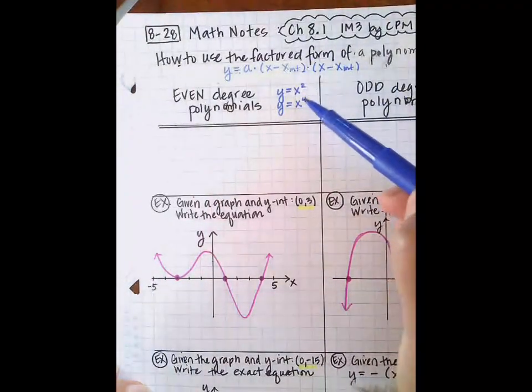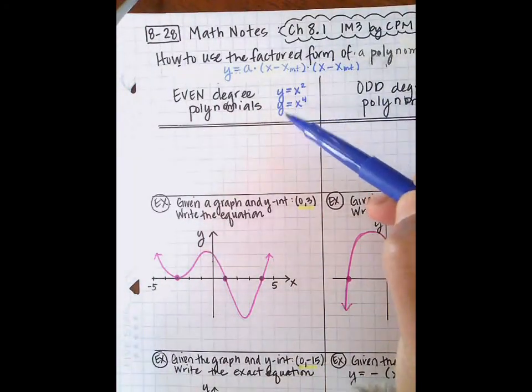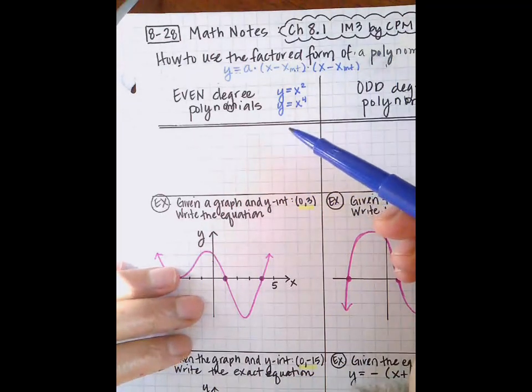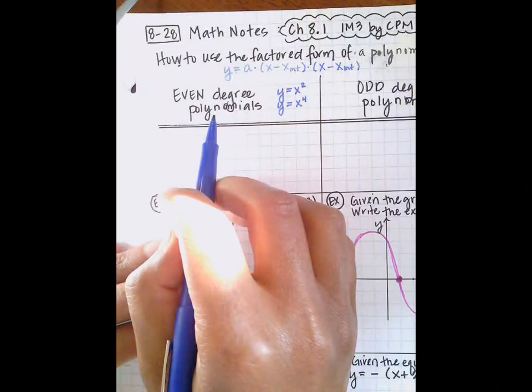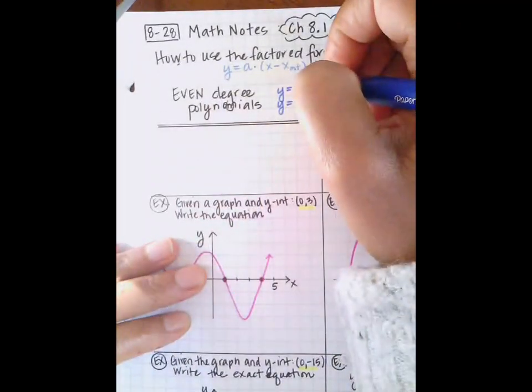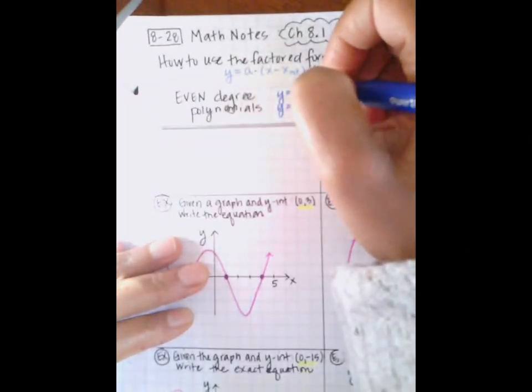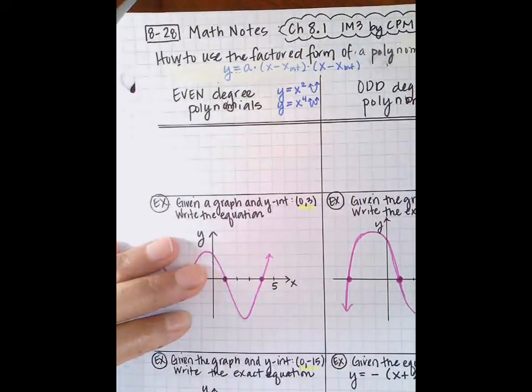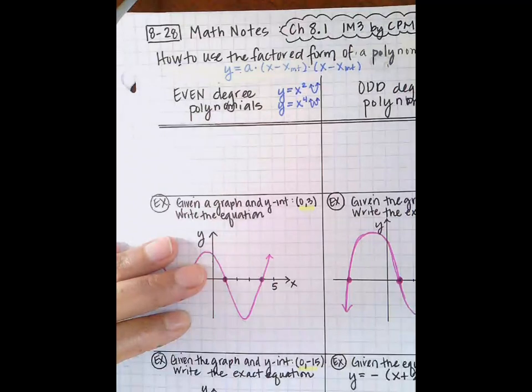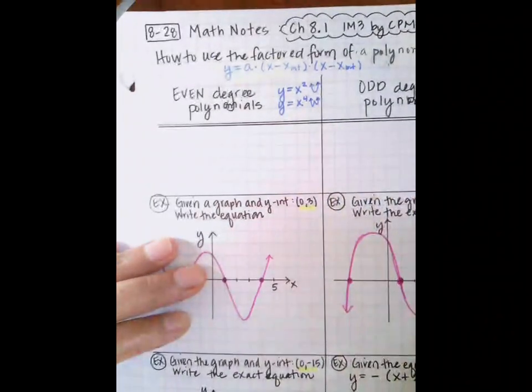So all of these, the exponents are even numbers. And so one of the things to think about is that polynomials with even degrees, if you think about what x squared looks like or what x to the fourth looks like, these start and end in the same direction.